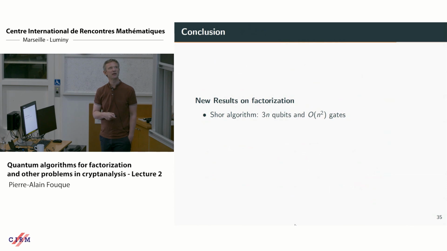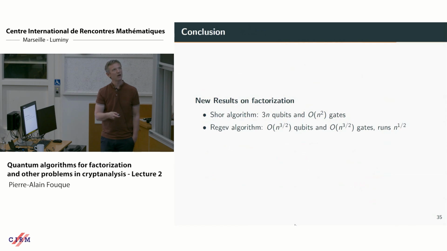And here is the cost of the algorithm. This is maybe a cheating part, because the best implementation doesn't use fast multiplication. They use the schoolbook algorithm, so the complexity is more like n to the cube. It's a little bit cheating, but it's just to compare with the other algorithms.